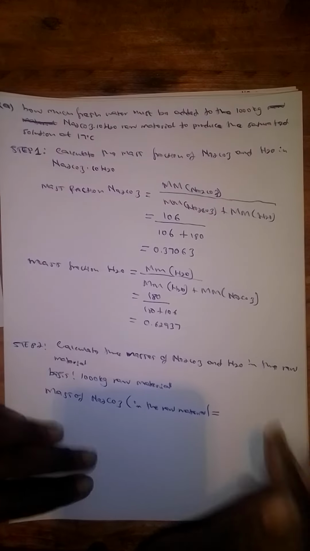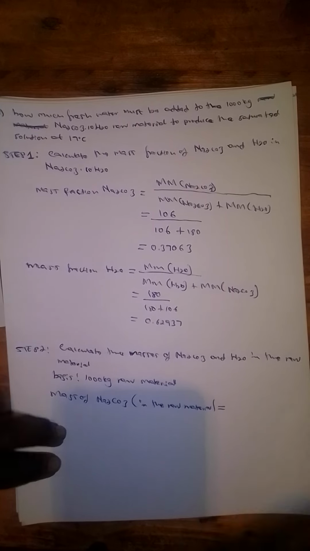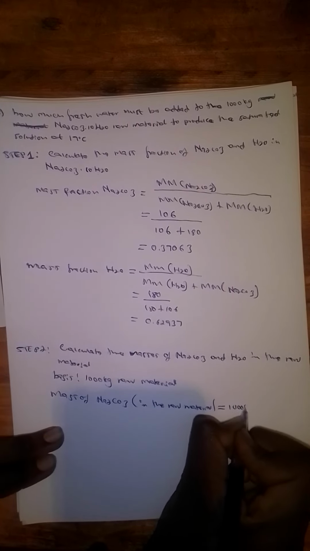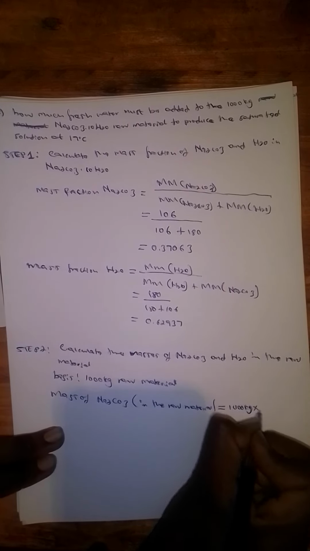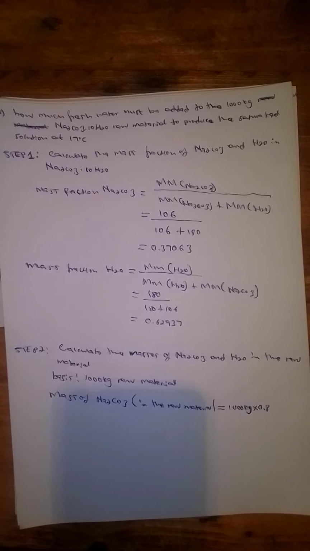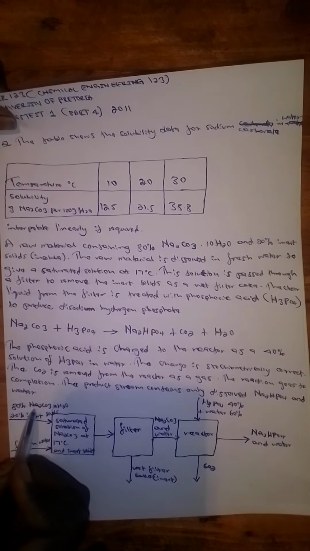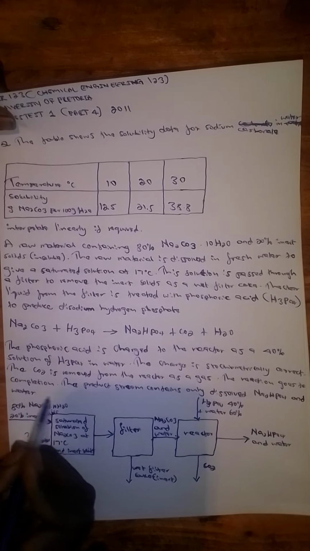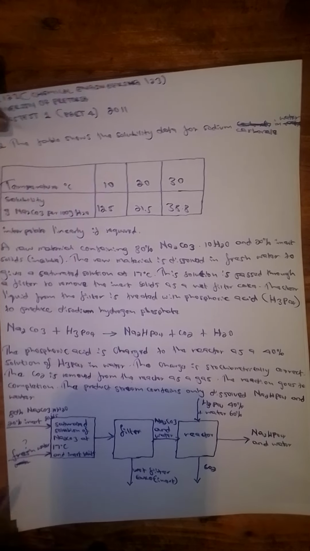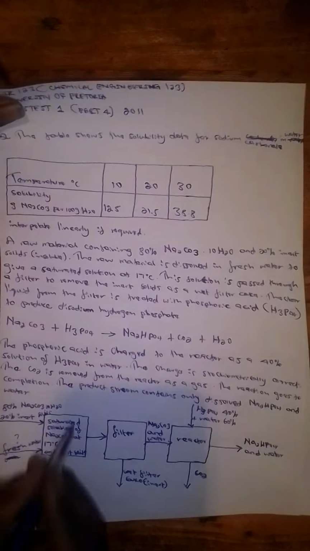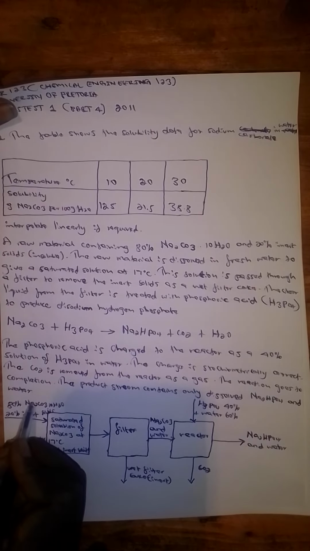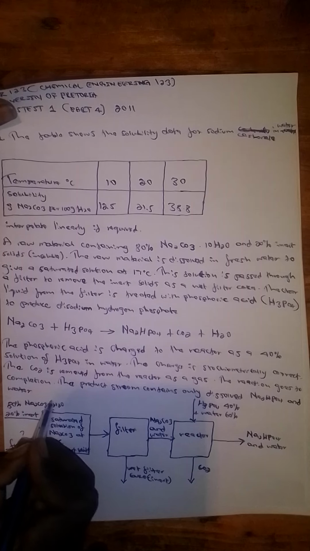So we can just say 1000 kilograms multiplied by 0.8. This is the mass of Na2CO3, including the water of hydration, excluding the inerts, which are 20%.